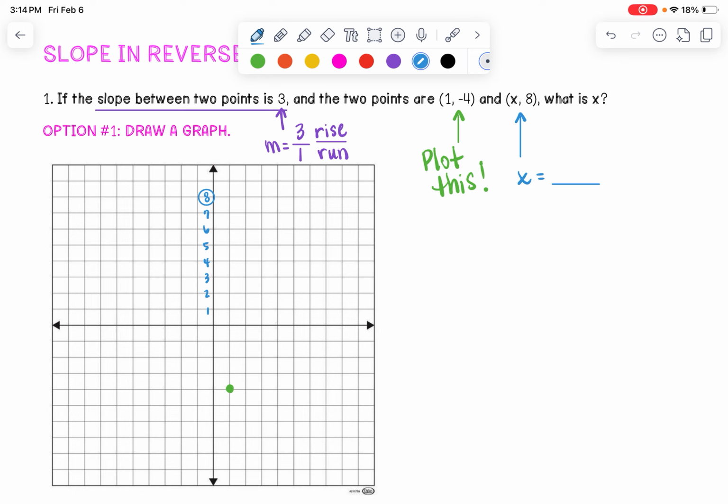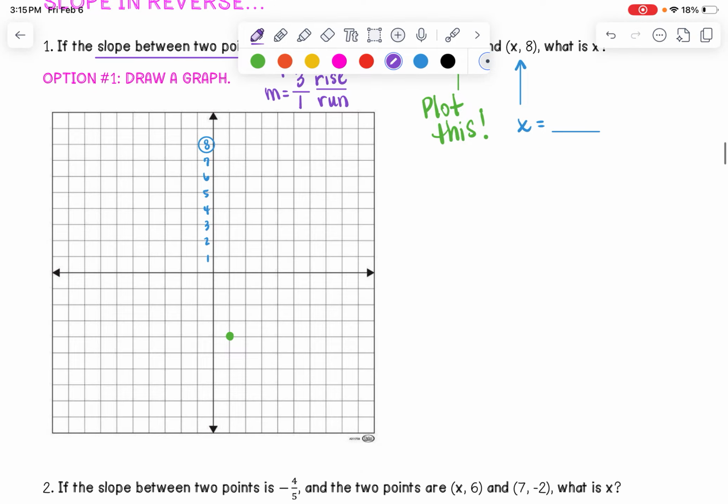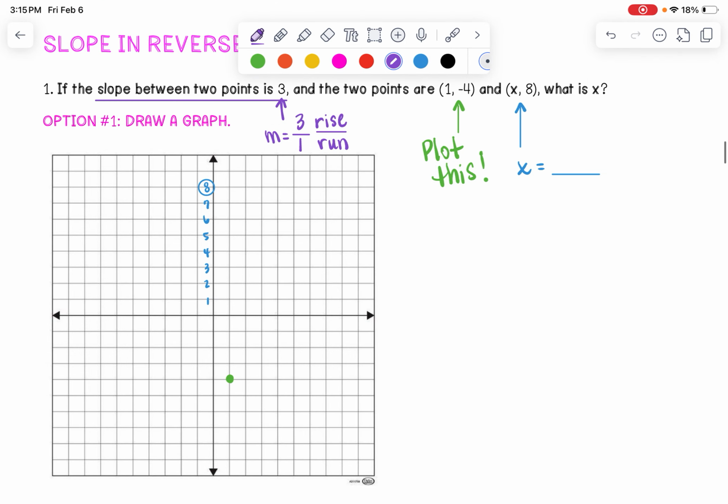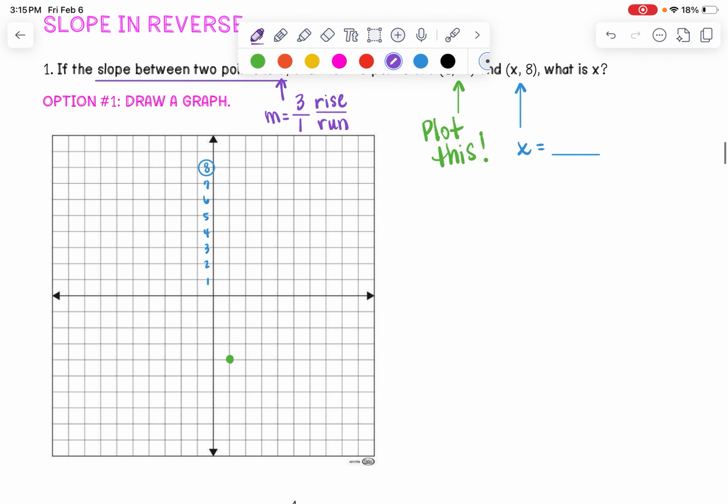Okay, well, let's see. I've already plotted my point (1, -4). And now I'm going to plot the slope because I know this line has a slope of up 3 over 1. So from this point, I'm going to go up 3 over 1. I am not even close to this y value of 8 yet, so I'm going to keep going. Up 3 over 1. Up 3 over 1. Up 3 over 1. Looky there.